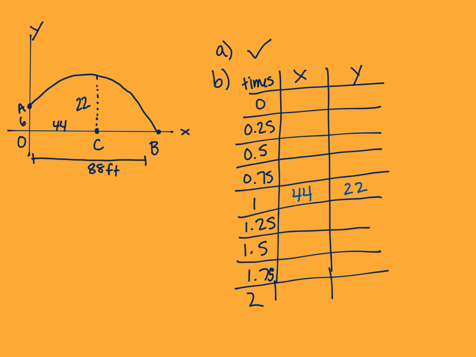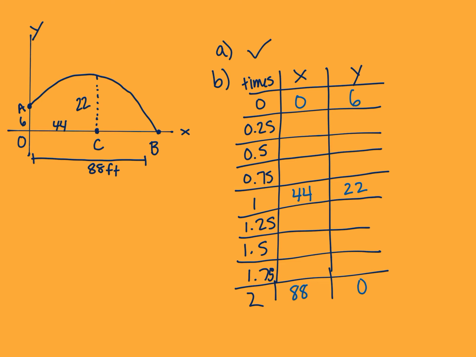We know at time 0 from part A that it is no horizontal distance, but it is 6 feet high. And we know also from A that it has traveled 88 feet horizontally, and it has landed on the ground, so it's a 0 for its height.